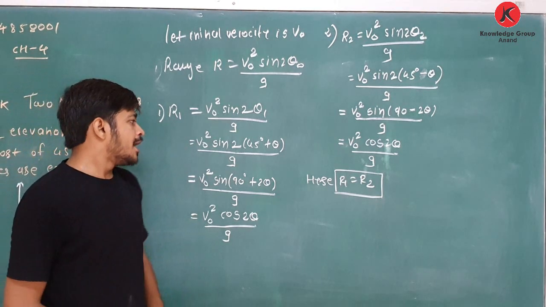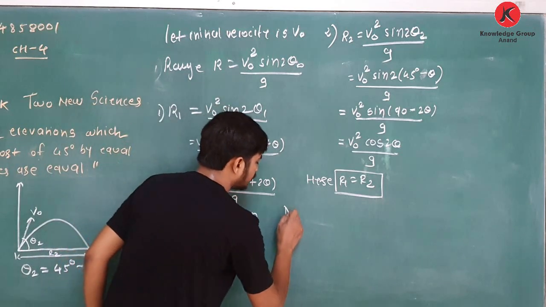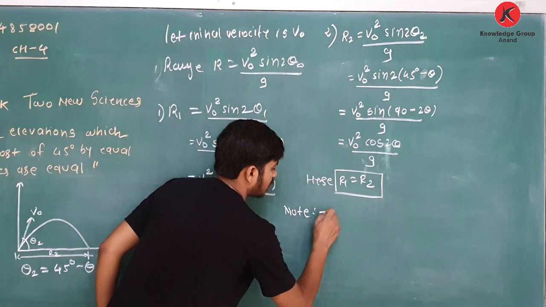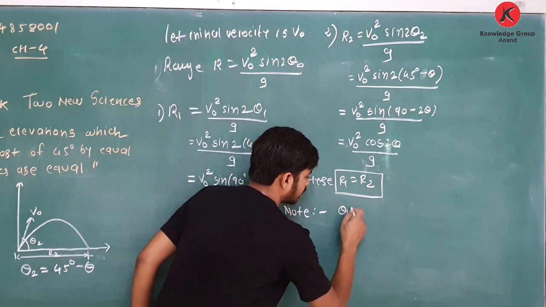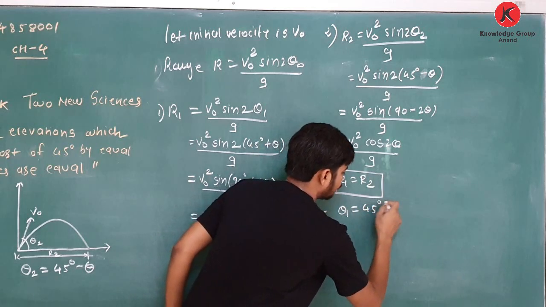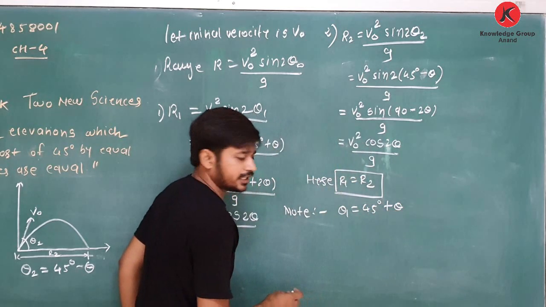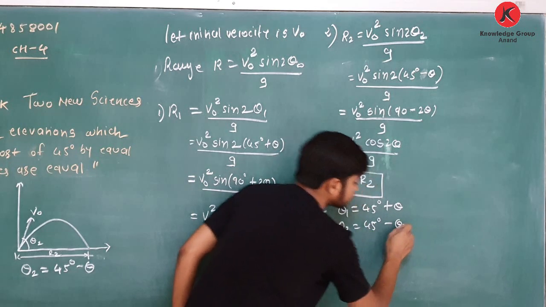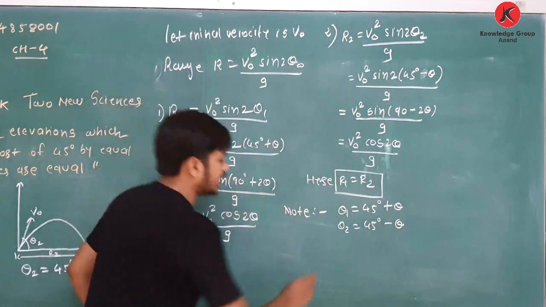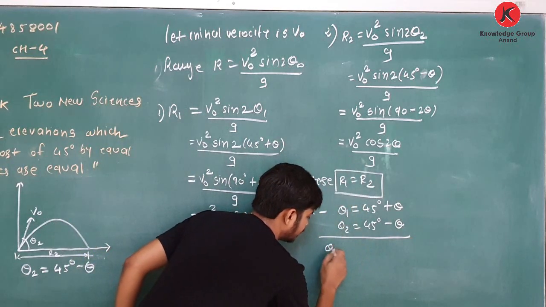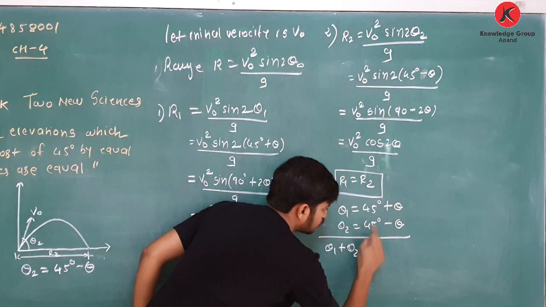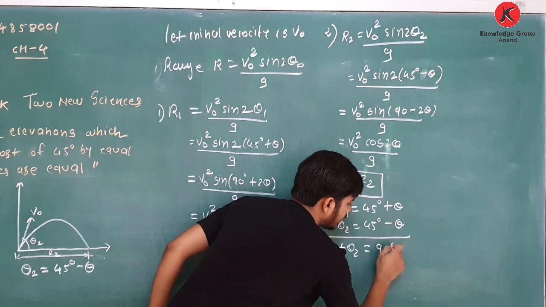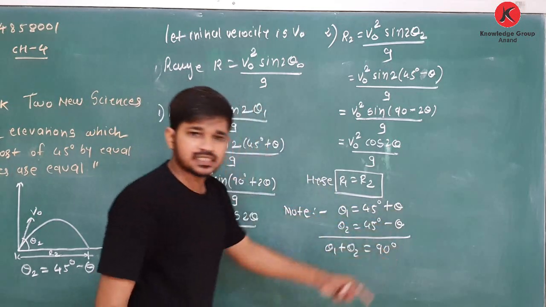Clear? Okay. Now, one note you have to remember. See, what is theta 1? Theta 1 is equal to 45 degrees plus theta. Theta 2 is equal to 45 degrees minus theta. Now add theta 1 and theta 2. It is theta 1 plus theta 2. 45 plus 45 will be 90. Theta minus theta cancel.